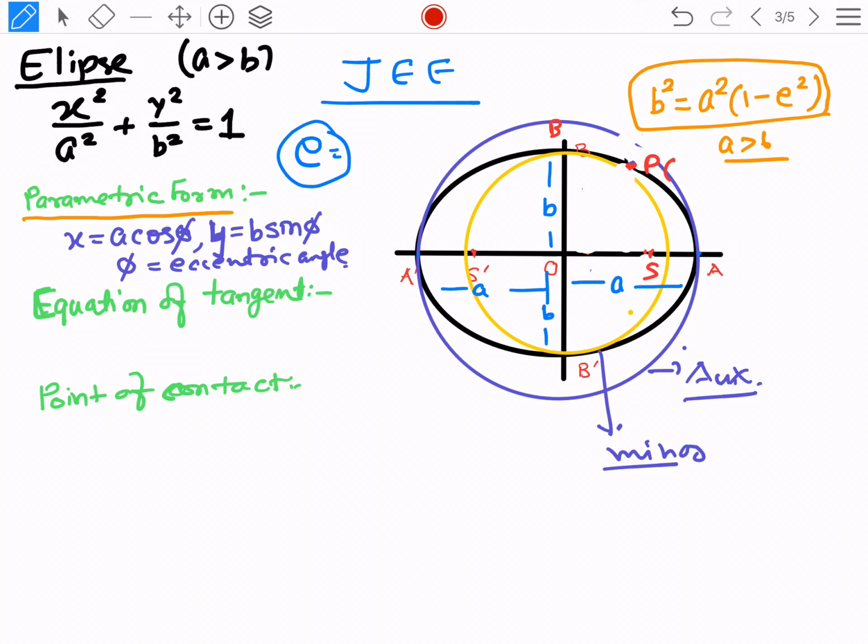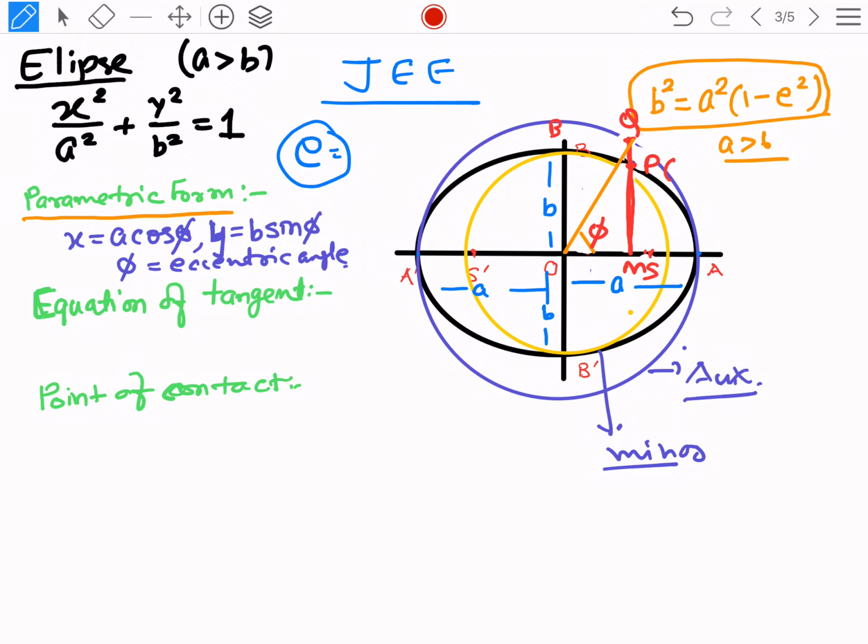For finding phi, we have to draw a perpendicular from P, and this perpendicular is extended such that it will cut the auxiliary circle at Q. Then join the line O to Q, then this OQ makes an angle with the x-axis, suppose phi.